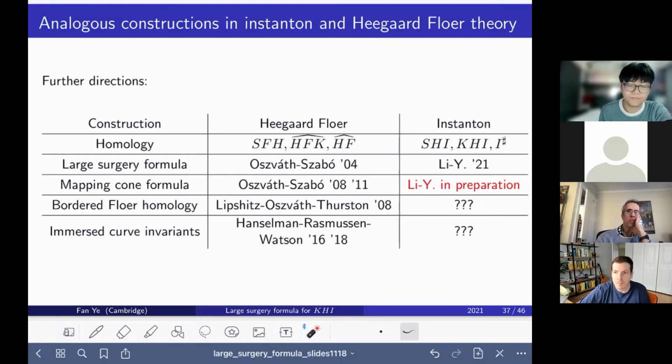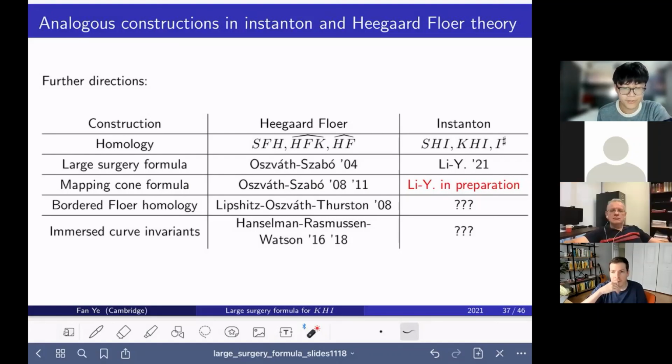So indeed, even in Heegaard Floer theory, the application of the mapping cone formula needs some assumption, because usually we consider knots in L-spaces, and we expect that the mapping cone formula can be calculated for any surgery, I sharp of any surgery on a Floer simple knot in an L-space.